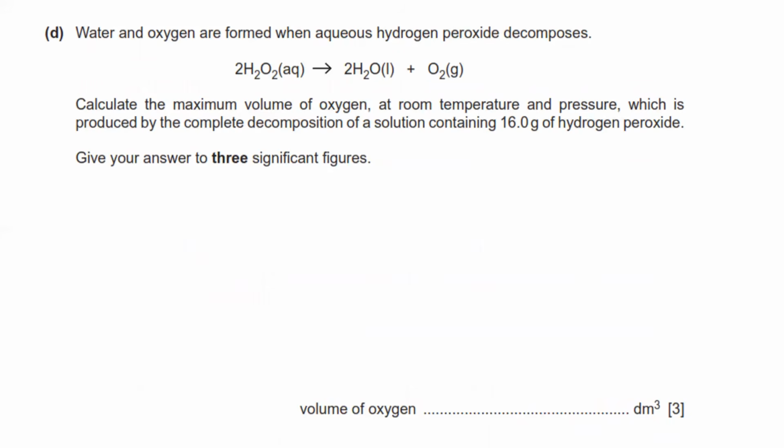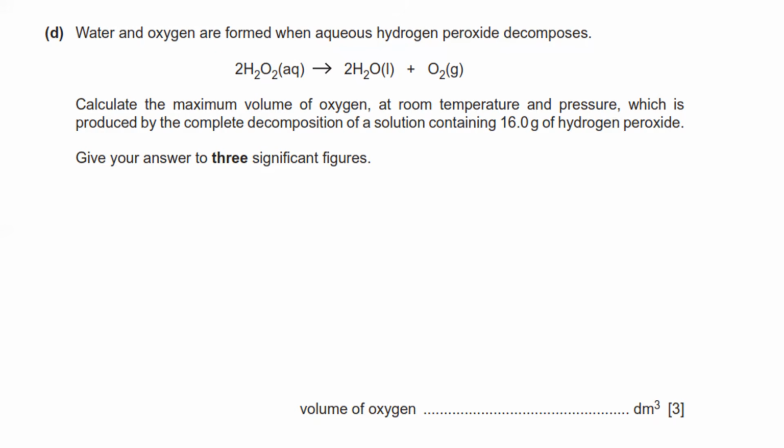Then question D, it says water and oxygen are formed when aqueous hydrogen peroxide decomposes. So we have aqueous hydrogen peroxide that decomposes into water and oxygen. Calculate the maximum volume of oxygen at room temperature and pressure, which is produced by the complete decomposition of a solution containing 16.0 grams of hydrogen peroxide.